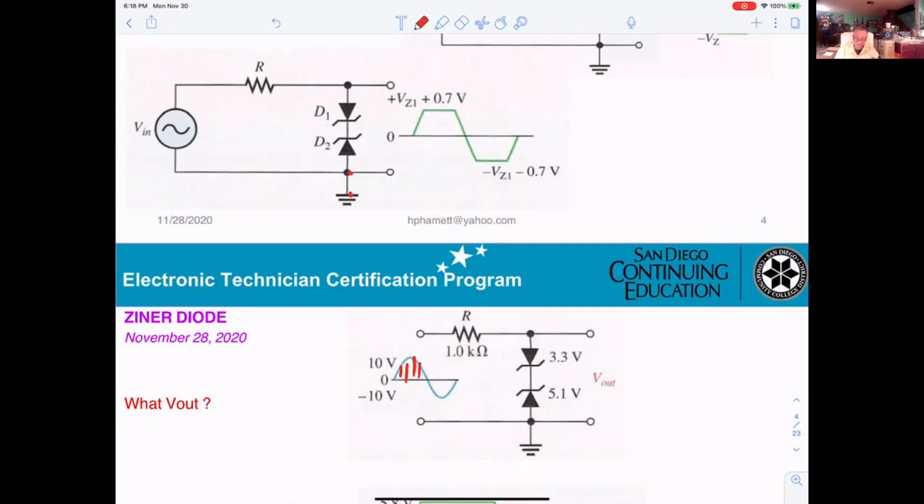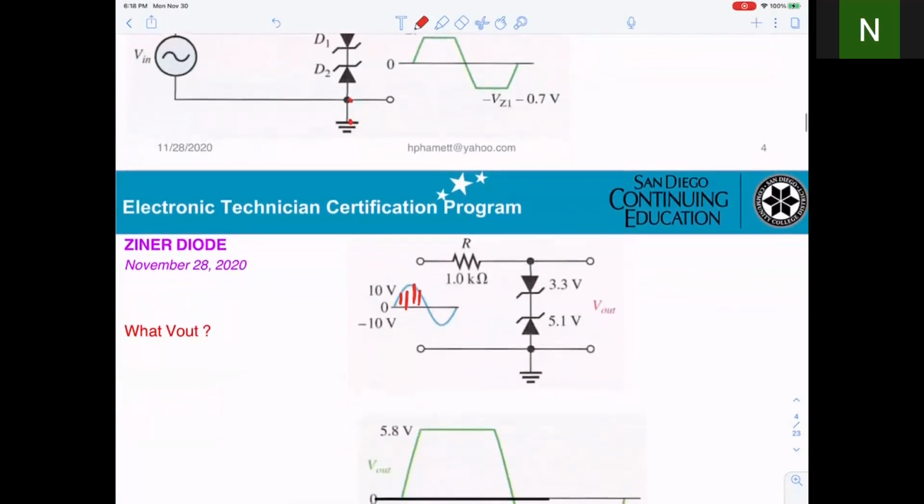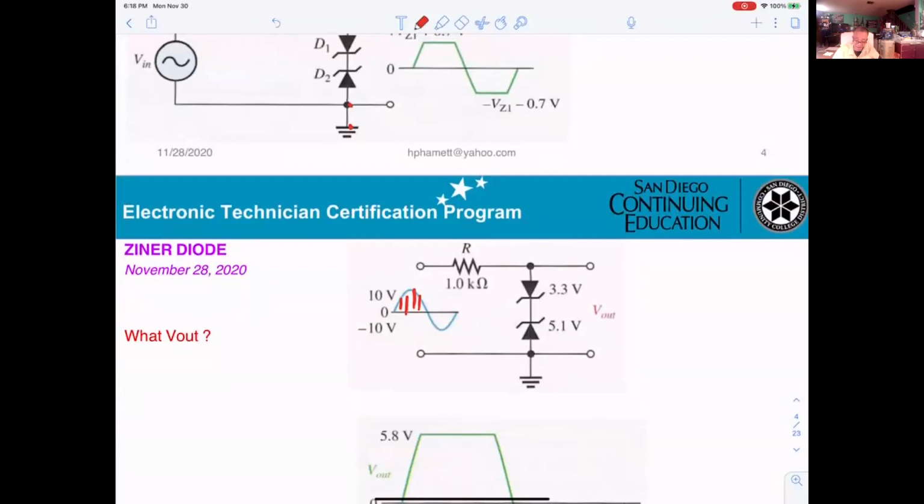That means you get 5.1 plus 0.7, right? You see they look like 5.1 plus 0.7. That's why you get 5.8.